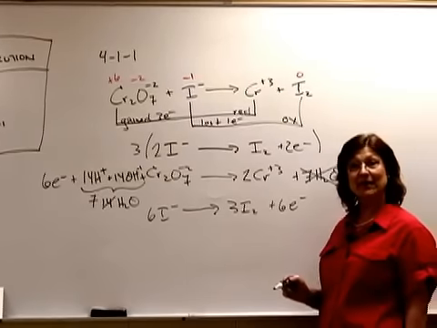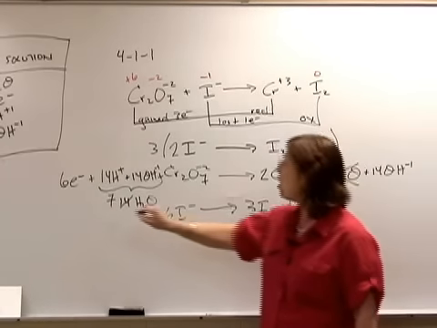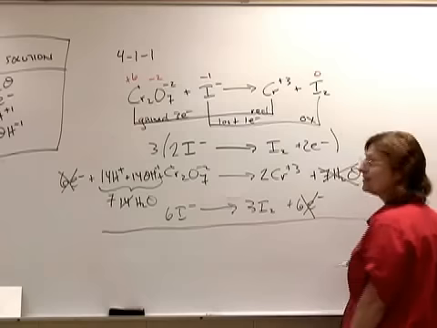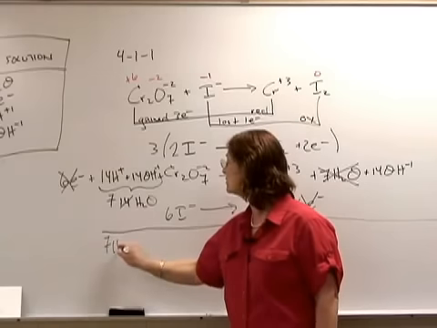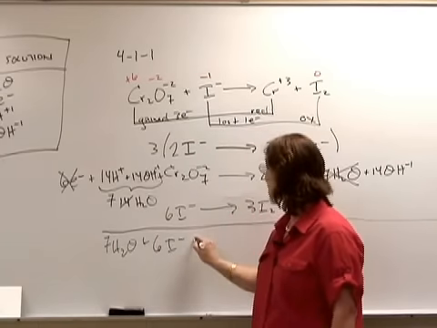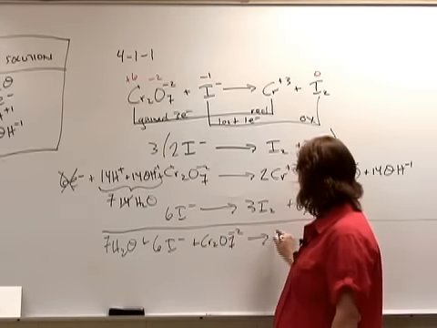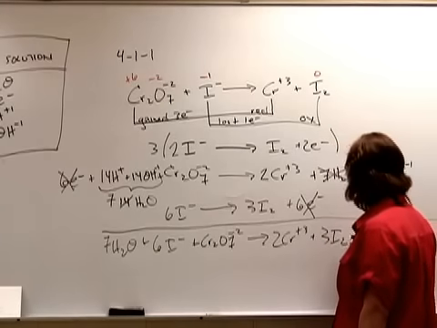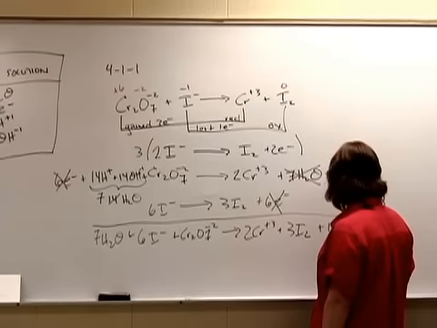And then I can add them back together. My electrons must totally cancel, always, always, always, and nothing else will cancel, and then I add them back together. And therefore I have 7 waters, 6 iodide ions, dichromate ions, and I get 2 chromiums, 3 iodines, and 14 hydroxides.